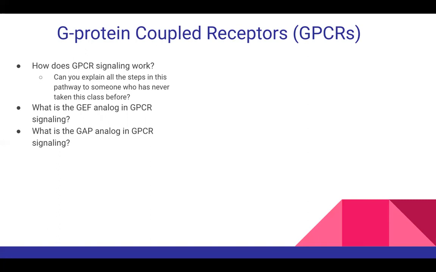And then, what is the GEF analog in GPCR signaling and what's the GAP analog? Basically that just means what acts like a GEF and what acts like a GAP in this situation. If you don't know that now, we're going to get into that and explain it, and hopefully by the end of this, you will understand what they are.